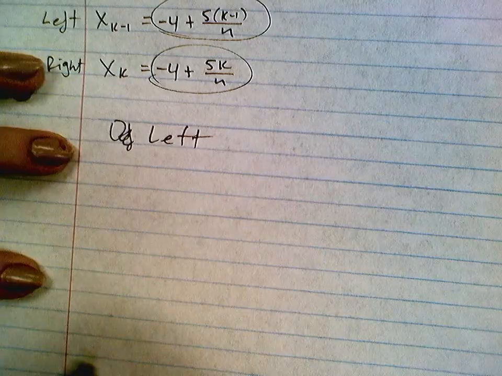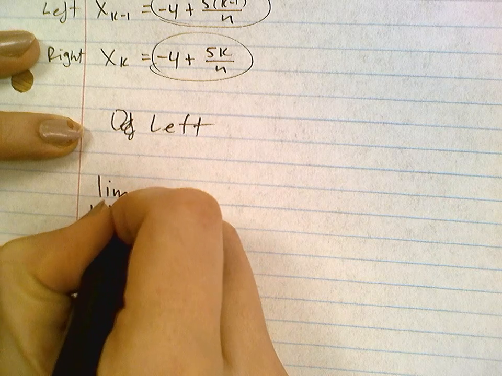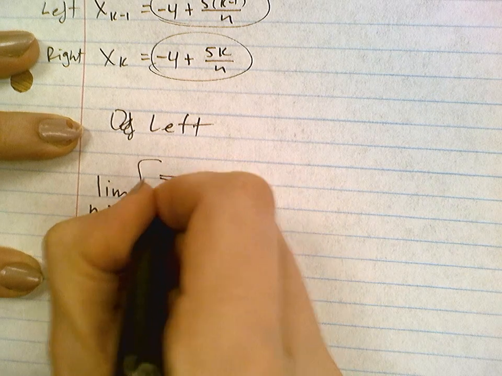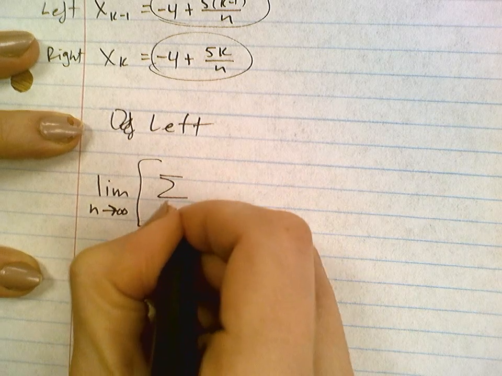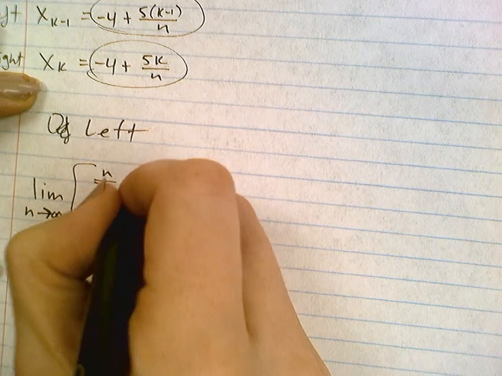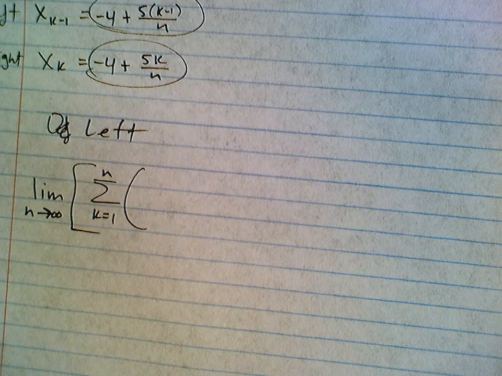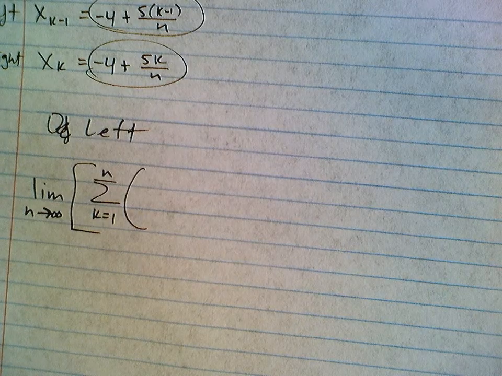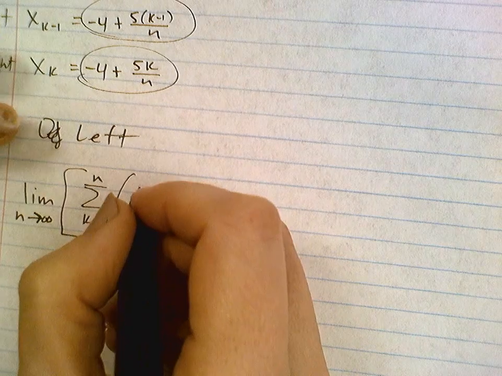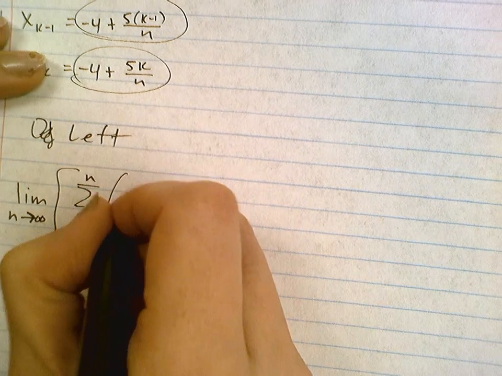If I ask you for the left one, it is going to be the limit as n approaches infinity, and then you do the summation from k equals 1 up to n of, the height of the rectangle, which is given by plugging the left endpoint into the function.